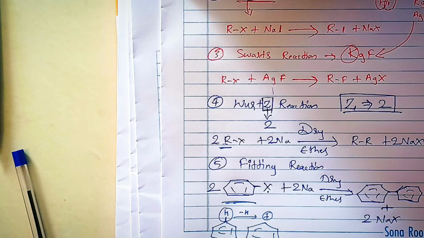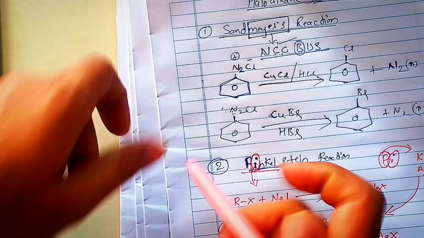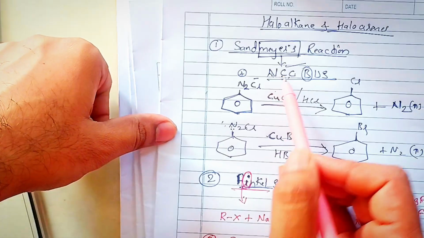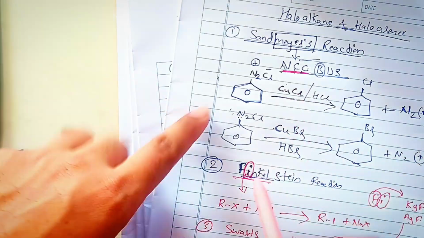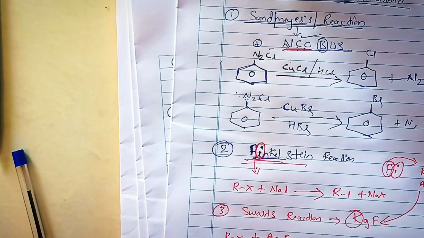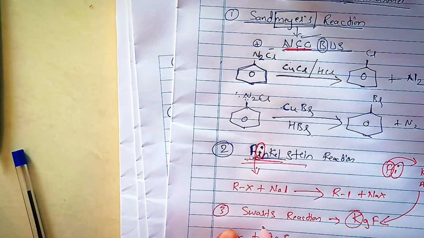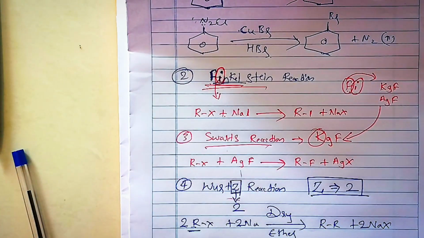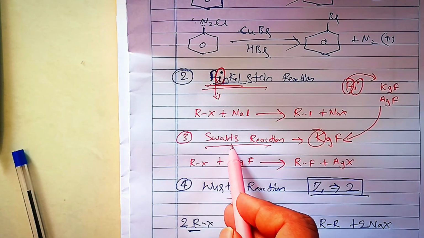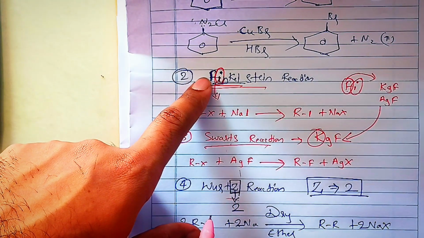Okay, next, we have completed the Sandmeyer reaction by the trick of NCC. Then we will use the Finkelstein reaction: F for the Swarts, I for the Finkelstein reaction. And there is a Swarts reaction. If we get the Swarts, we will get the F by the Finkelstein.